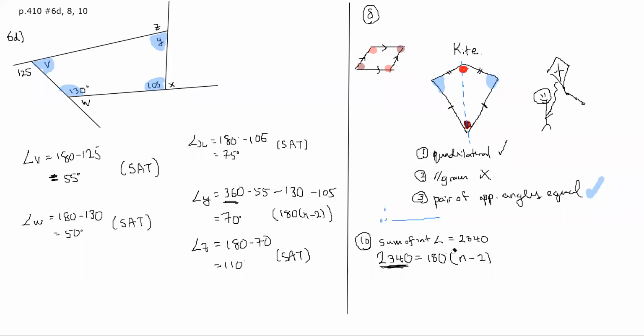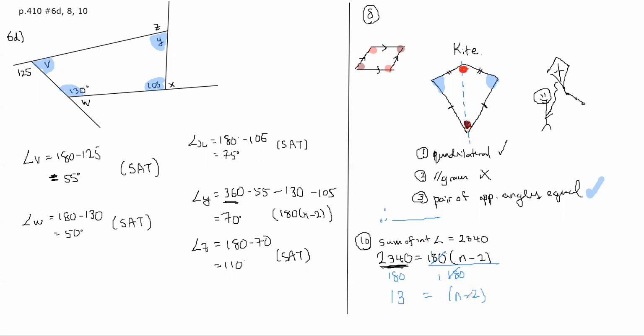Erasing this, we've got: divide both sides by 180. That turns into 1. And 2,340 divided by 180 is going to be 13.